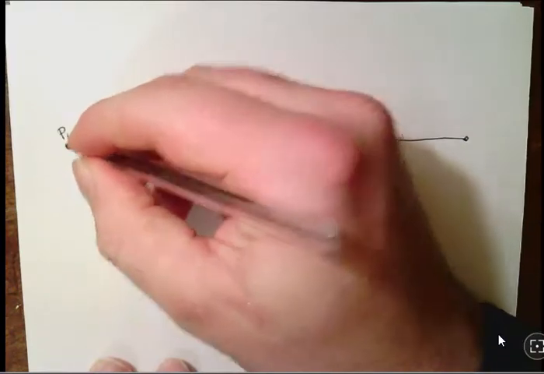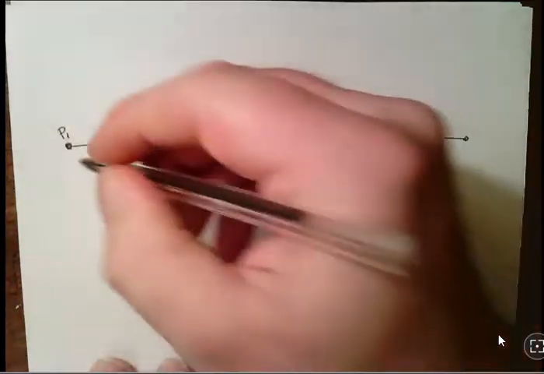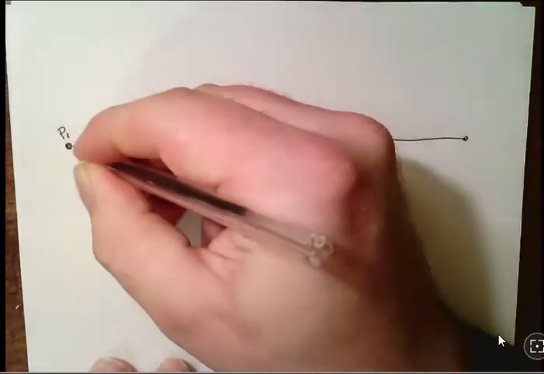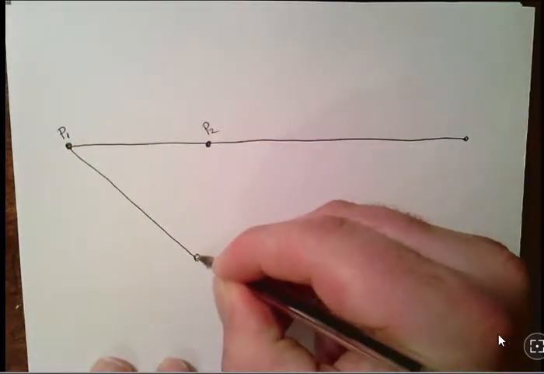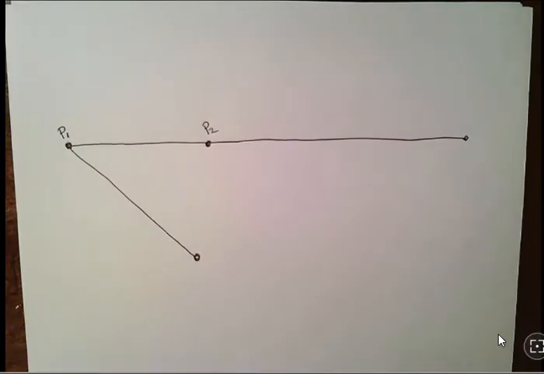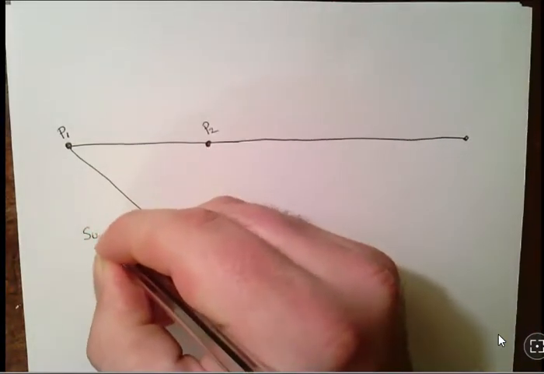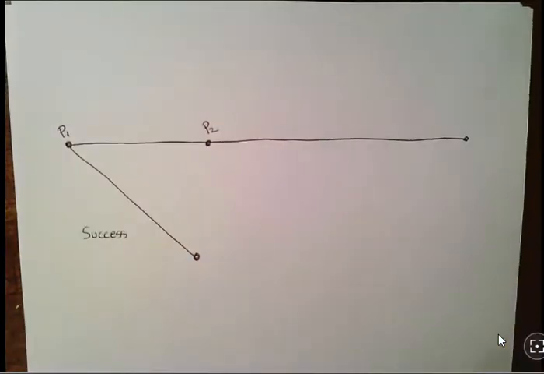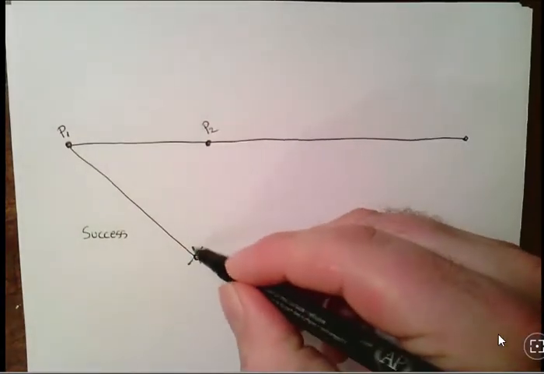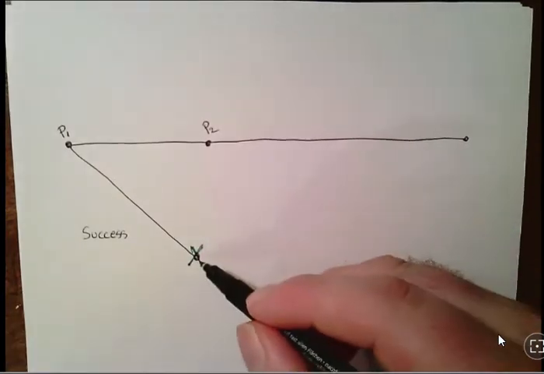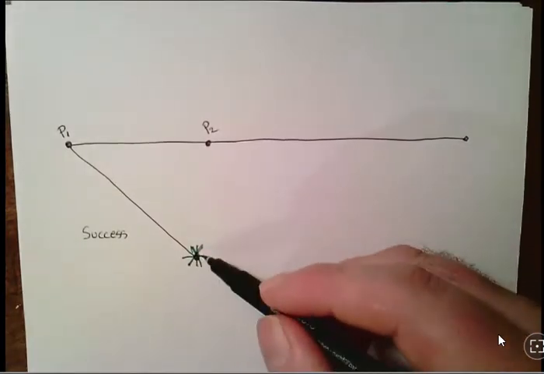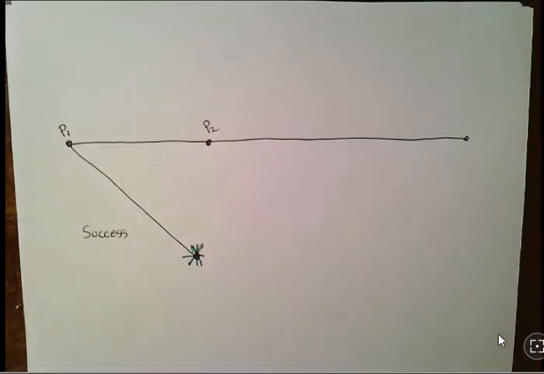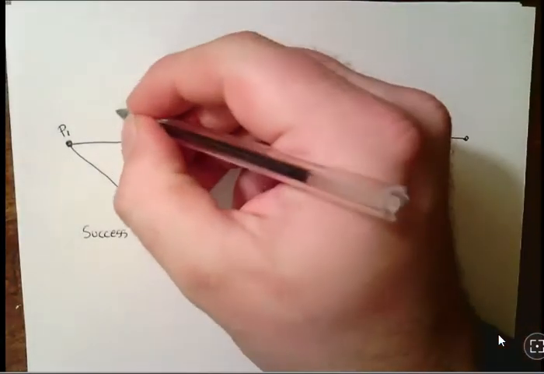Now P1, and essentially what happens here is that if the first treatment is successful, the patient is cured. So this is the patient cured on the first attempt.